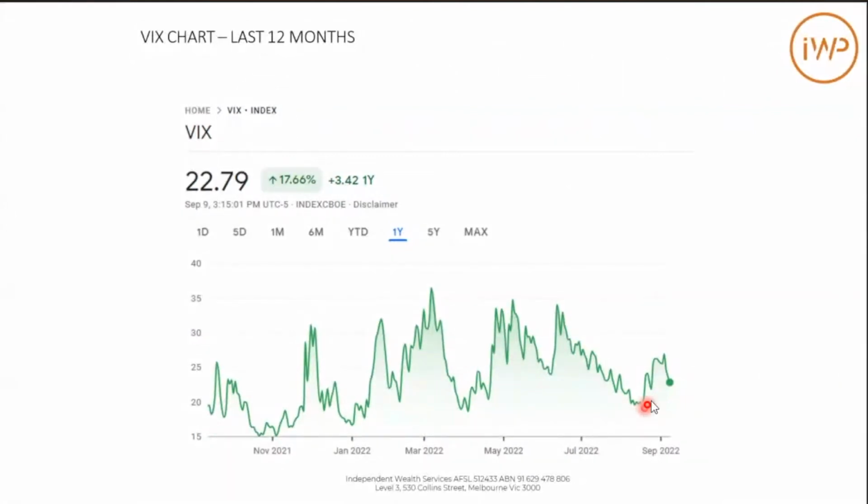So during the most recent downturn, 3 months ago, we saw the VIX rally. When the VIX goes up, it means that markets are generally falling. And we saw that start to come off a little bit, and then we had a little bit of a rally towards the end of last month, and now we're starting to see a little bit more volatility again in the last 2 or 3 weeks or so.